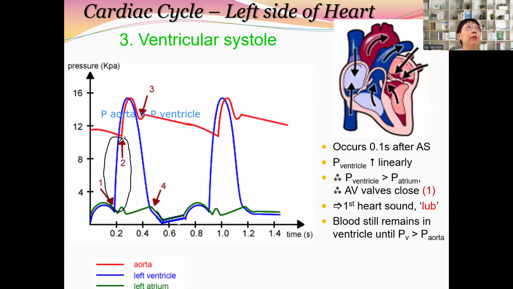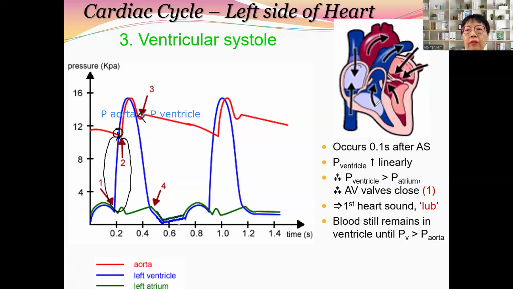So when will the blood be able to flow out from the heart? It is when the pressure in the ventricle becomes higher than pressure in aorta. So from this point onwards, the blue color line goes higher than the red color line, right? So this is when pressure in aorta becomes lower than pressure in ventricle.